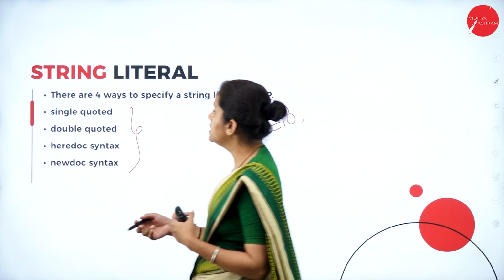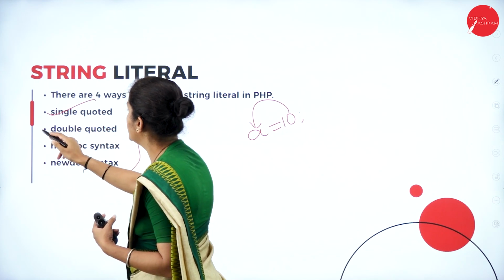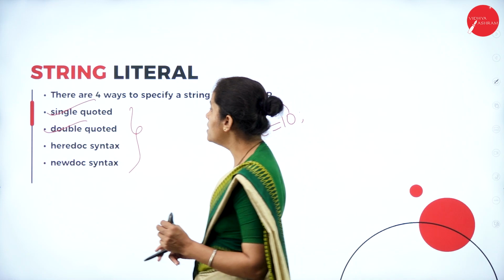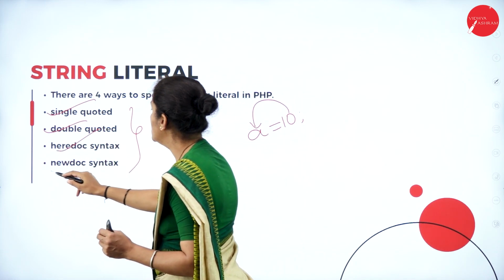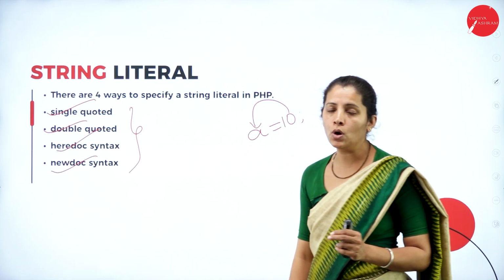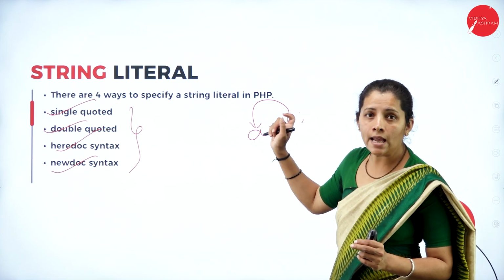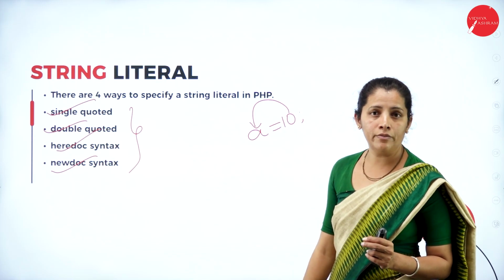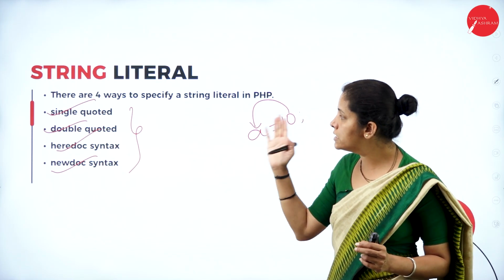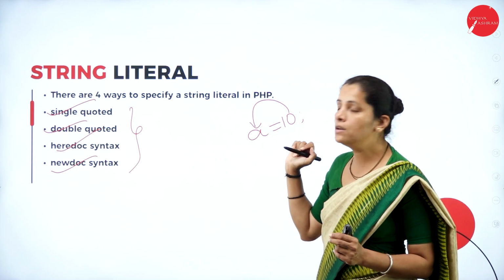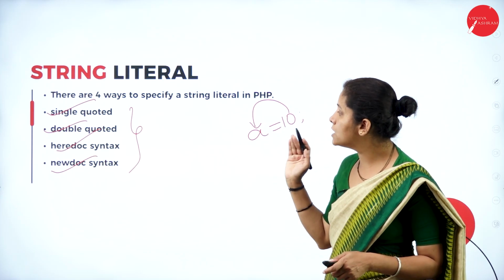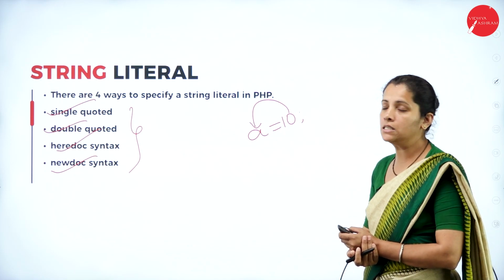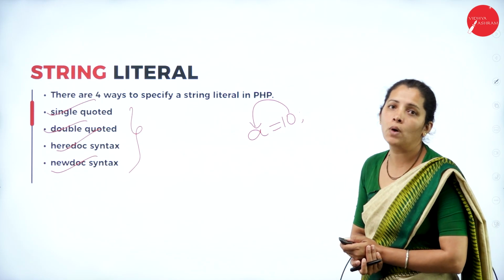One is within the single quote, second is within the double quote, and the third is here doc syntax and now doc syntax. So the string can be written in 4 different forms: using single quote, double quote, here doc as well as now doc. Anyway, dear student, let's discuss these types one by one.